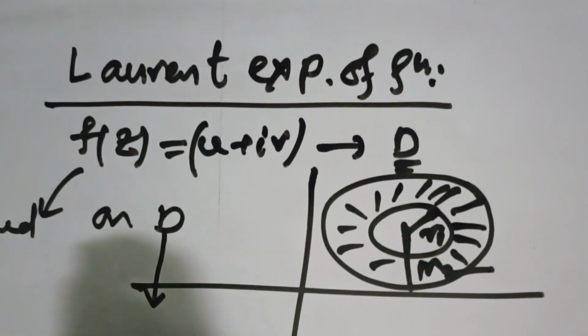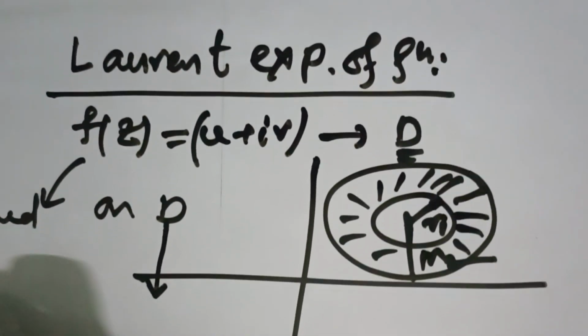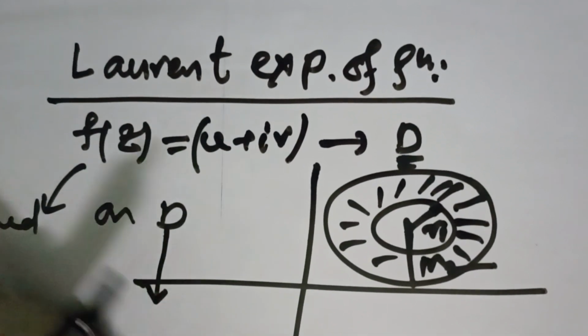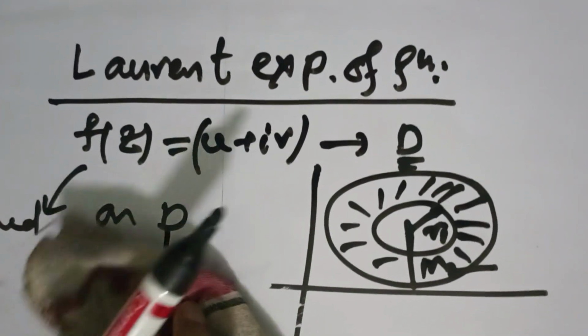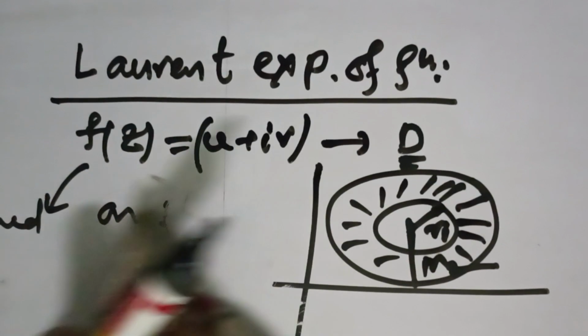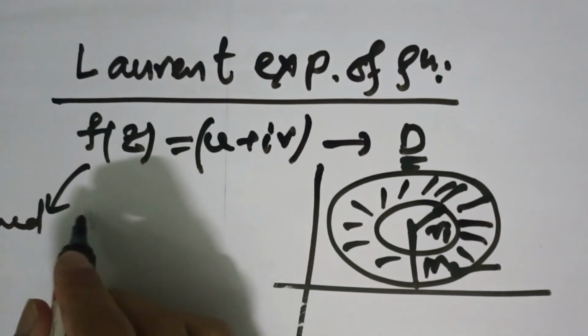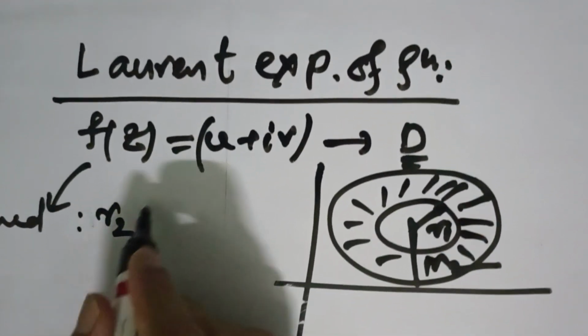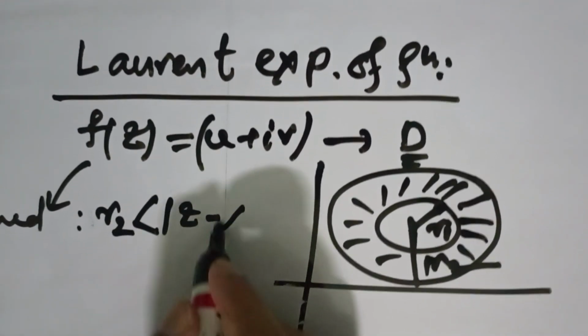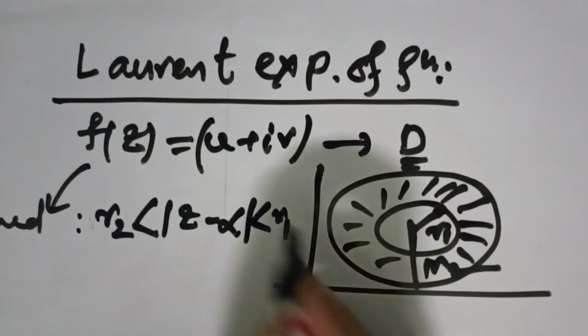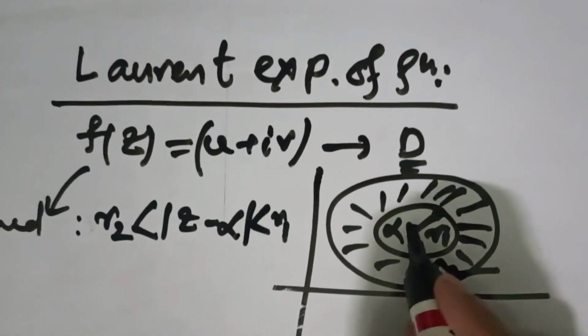You can write the annular region as r2 < |z - alpha| < r1, where alpha is the center.